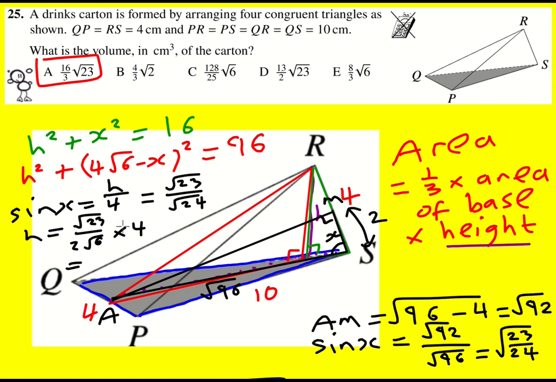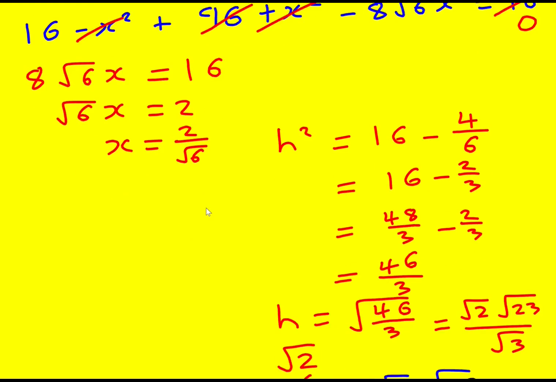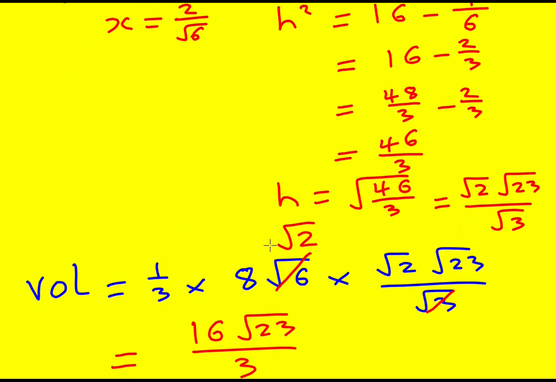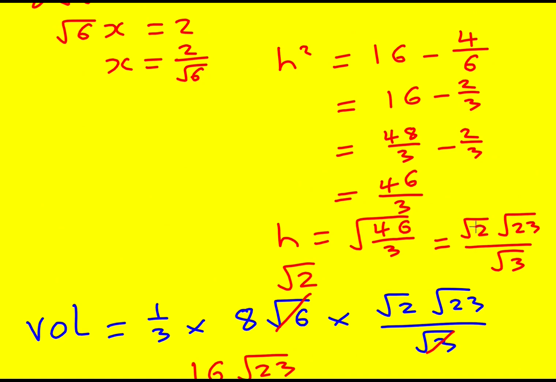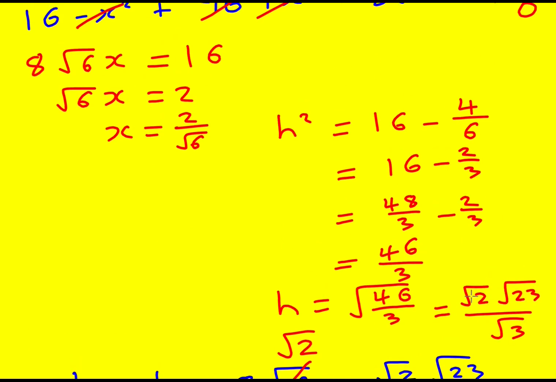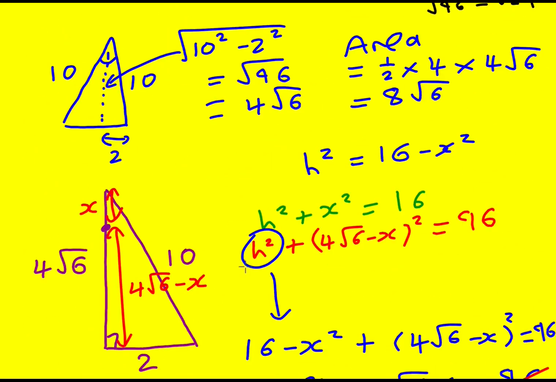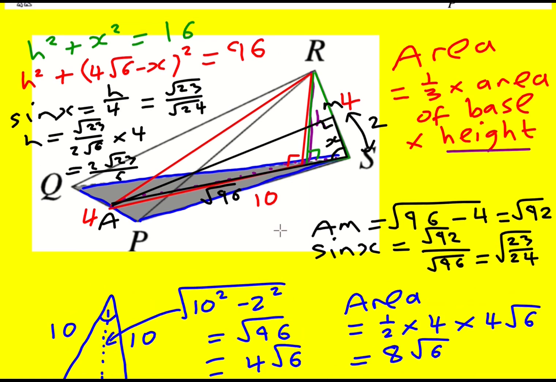So I'm going to get 2 root 23 over 6, which is actually the same thing as this. 2 root 23 over 6. If I was to times top and bottom, oh, sorry, was it root 6? If I times top and bottom by root 2, then I'll get 2 root 23 over root 6. I think I might have just made a, oh, sorry, I should have kept it as root 6. So yeah, it's exactly the same thing.